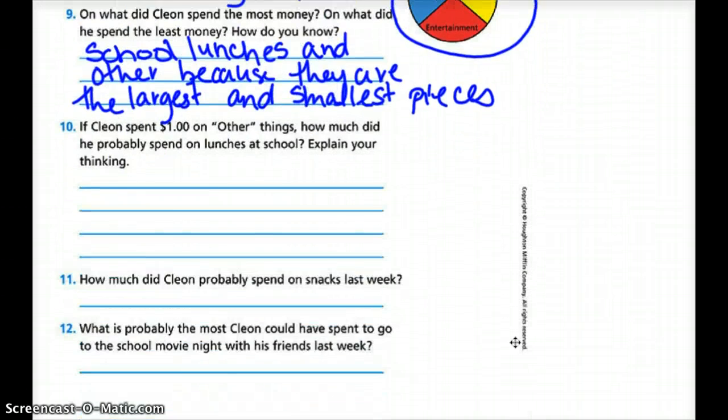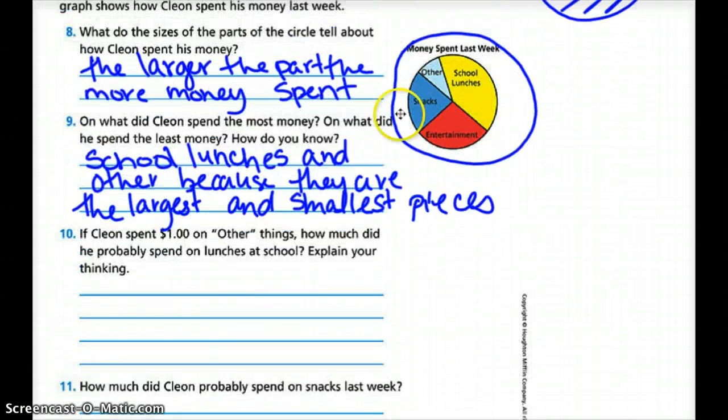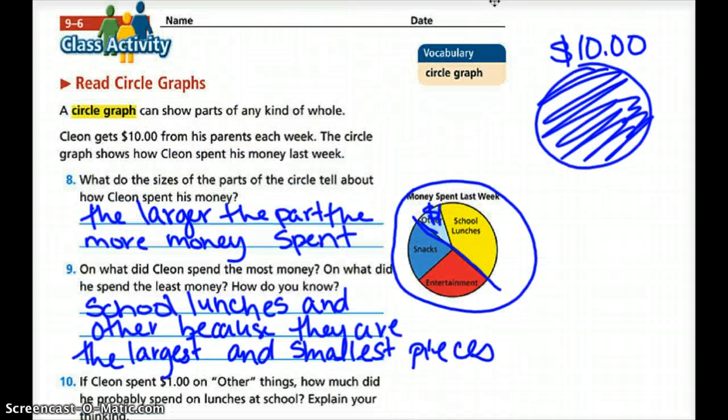Number 10, if Cleon spent $1 on other things, $1, how much did he spend on school lunches? All right, so one thing you want to think about is this is half of the circle. So if I split right here, that's half. Well, I know half of the circle is $5 because I know the whole thing is 10. So if I know that this other is 1, what would school lunches be?